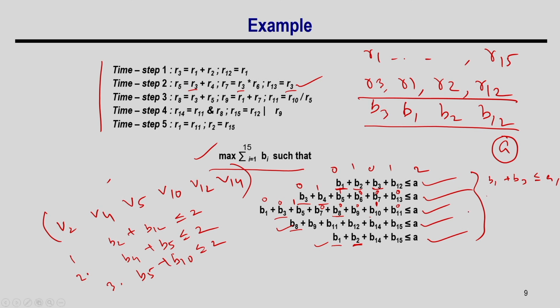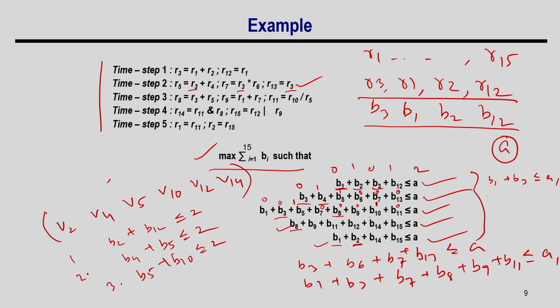Then B3 plus B6 plus B7 plus B13 should be less than or equal to A1, and B1 plus B3 plus B7 plus B8 plus B9 plus B11 should be less than or equal to A1, right. So, this is how I can rewrite the expression.